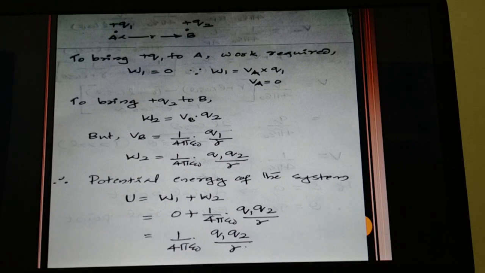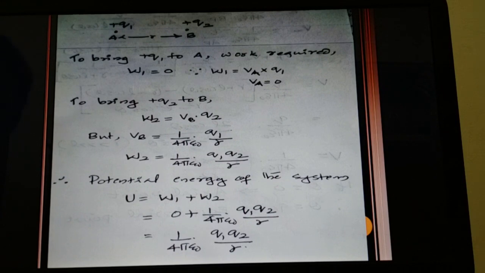The total work required to bring these two charges from infinity to their respective points A and B will be the potential energy of the system. So we can separately find the work required to bring the first charge Q1 and the second charge Q2, that is W1 and W2 respectively, and add W1 and W2 to find the total work required to assemble that system. That total work done will be stored as the potential energy.